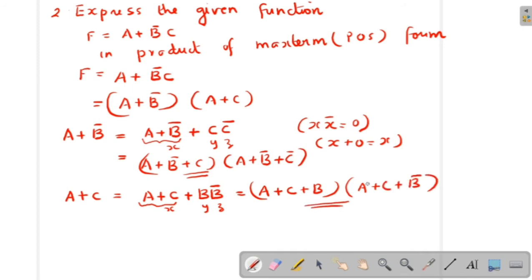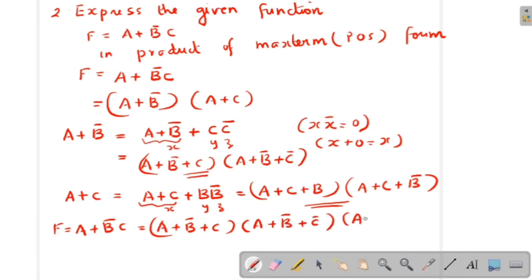Okay, now it is in canonical POS form. So we can write f is equal to a plus b complement c as (a plus b complement plus c) into (a plus b complement plus c complement) into (a plus b plus c) into (a plus b complement plus c).